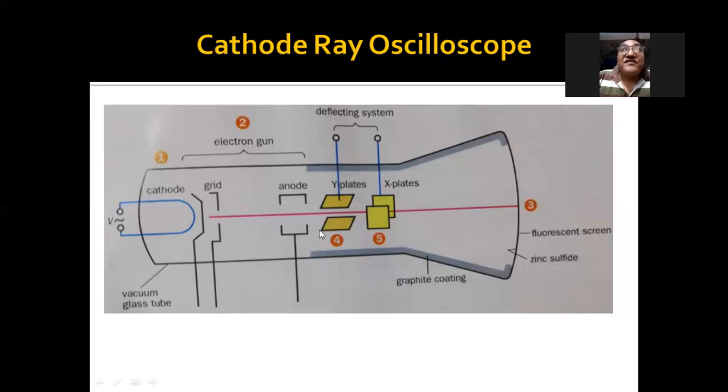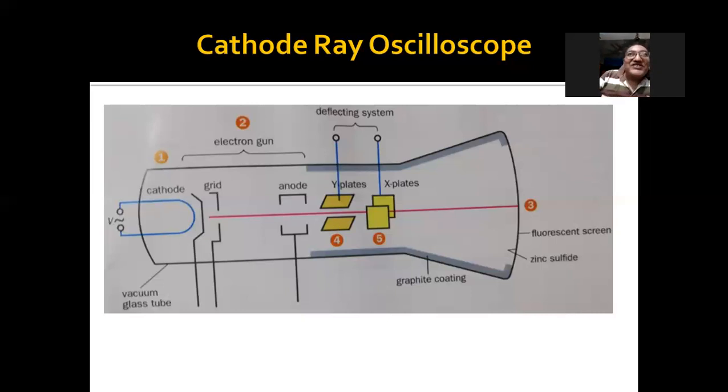If the bottom plate is positive and the top plate is negative, the electrons will be attracted towards the bottom plate, which is positive, so on the screen the electrons will go down.